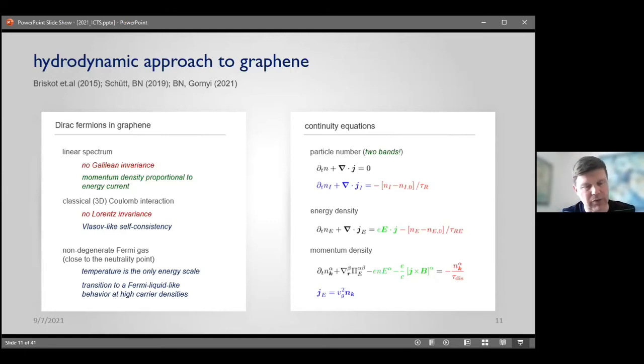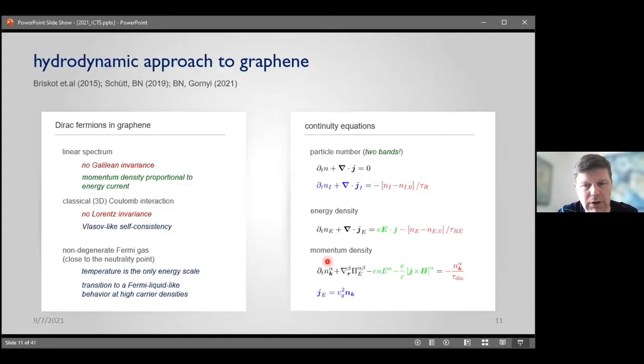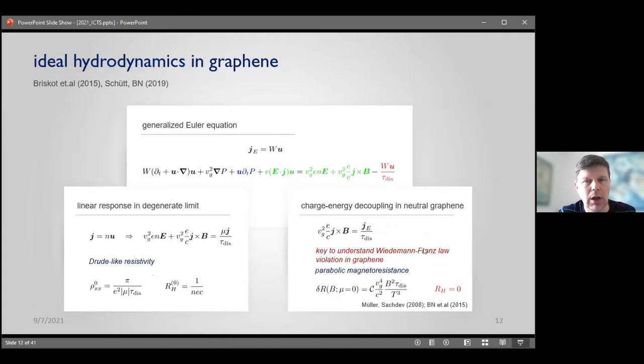Now, normally in a regular classical hydrodynamics, you look at this momentum density continuity equation, this one here, and then you rewrite it as the Euler equation, right? So these terms here in black are completely equivalent to these terms in black. That's sort of your textbook standard hydrodynamics, right? Now here, because there are additional terms, something related to the electromagnetic fields and to disorder scattering, they appear here as well.